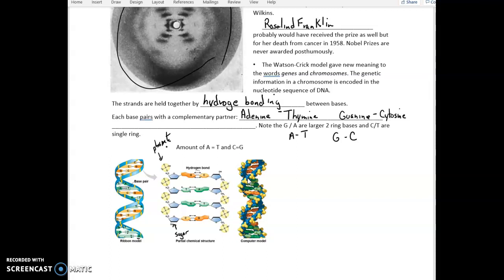So we have sugar, phosphate, sugar, phosphate, sugar, phosphate, sugar, phosphate. And in the middle, we have our base pairs, and you'll see that C is going with G, and that A is going with T. And the last one, I think, is probably the least useful, but it's a computer model. It's more of a space-filling model, what it would actually look like.